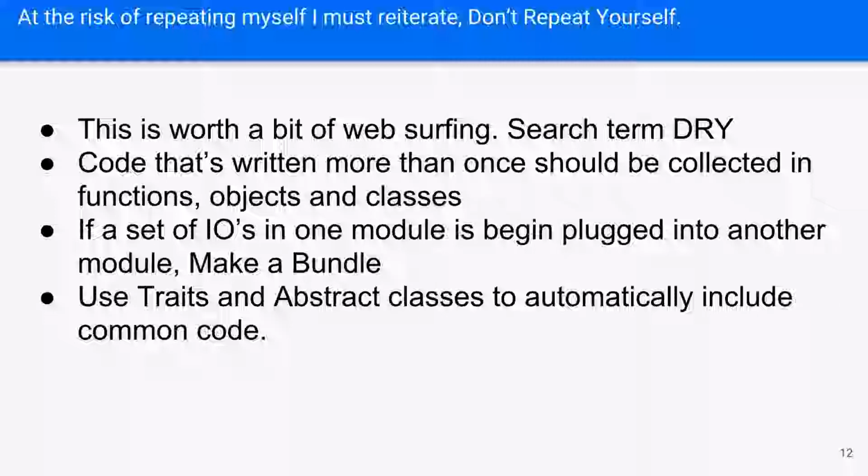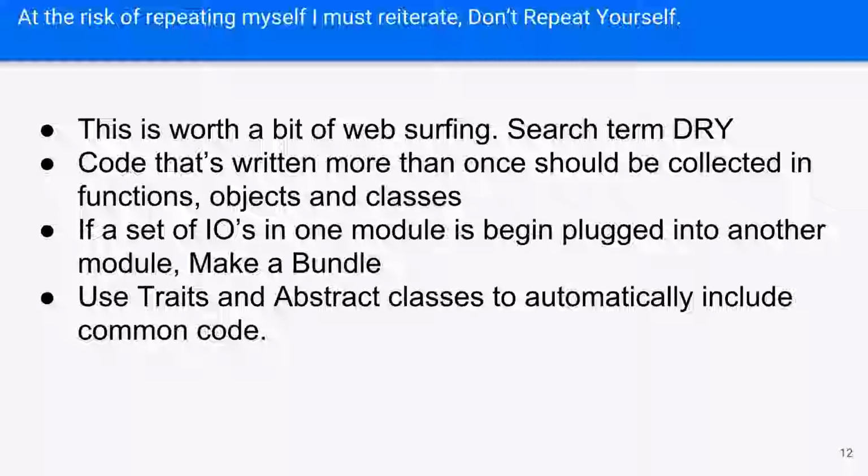when to use it. So one example where I've used traits is, let's say I have a bundle, right? So I have a family of bundles, and they happen to share a bunch of common IOs, but then each of them also has their own additions on top of that.